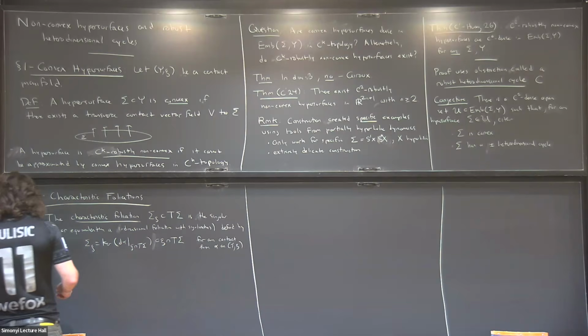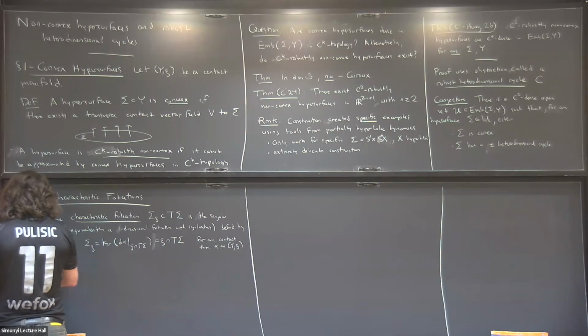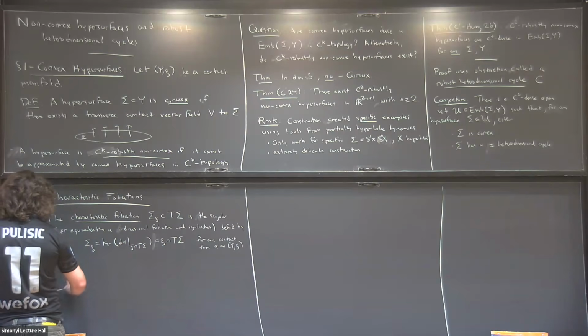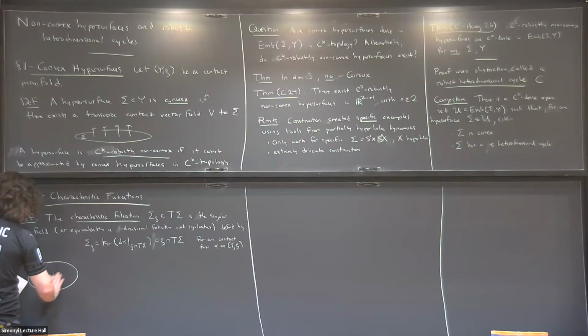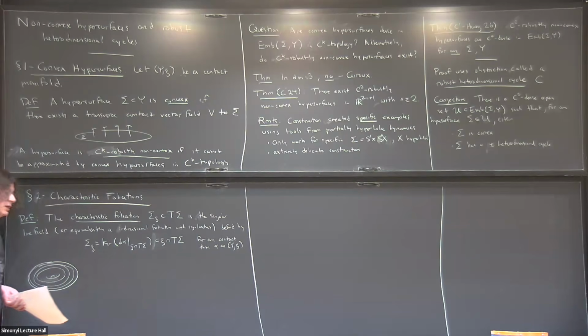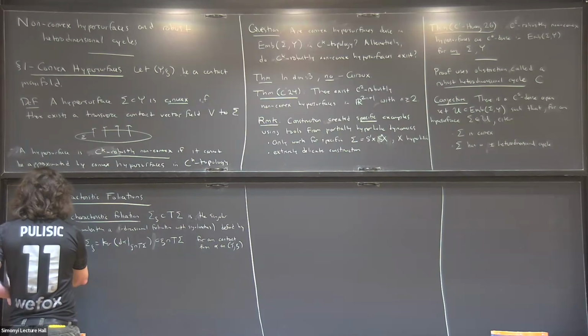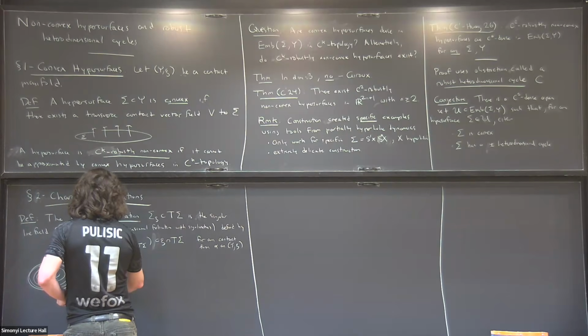Okay, so maybe some pictures. One example would be the torus. If you just have the foliation of the torus by circles, this is one example. You can get this example from a pre-Lagrangian torus in a contact manifold. So this is interesting because the contact distribution is non-integrable, right?